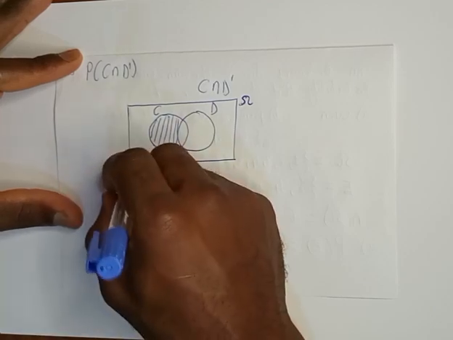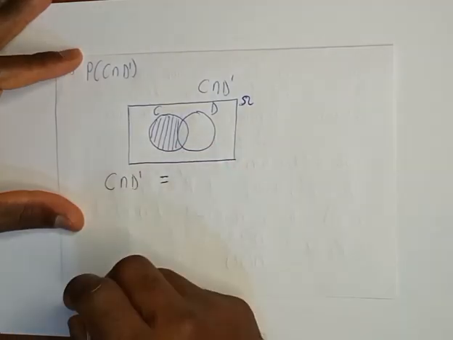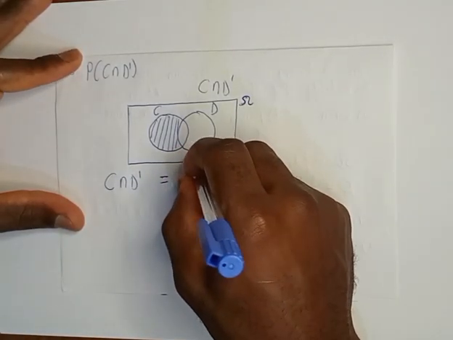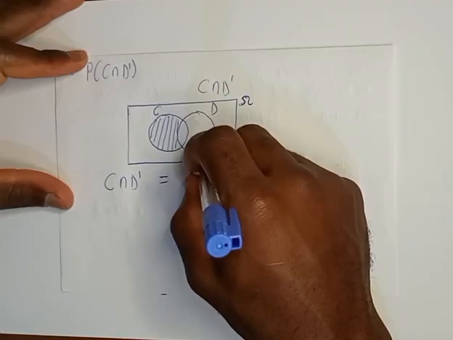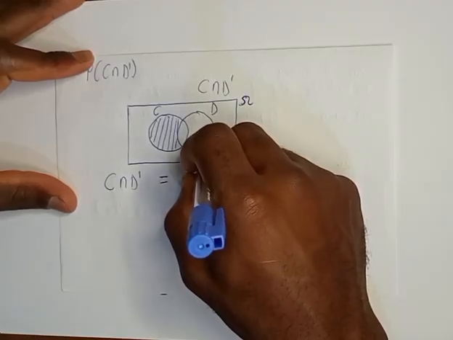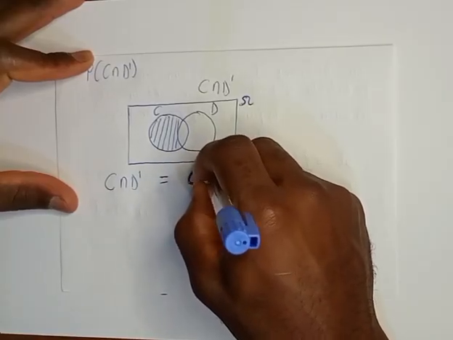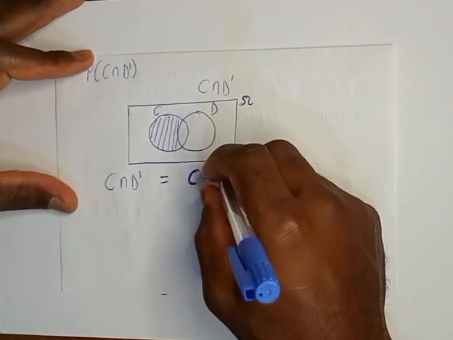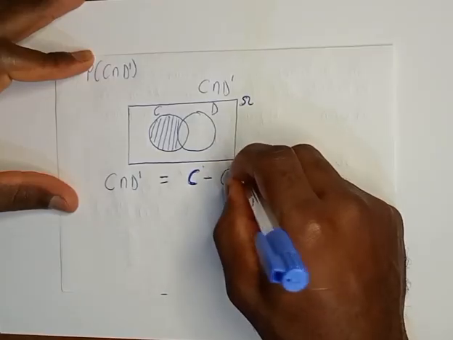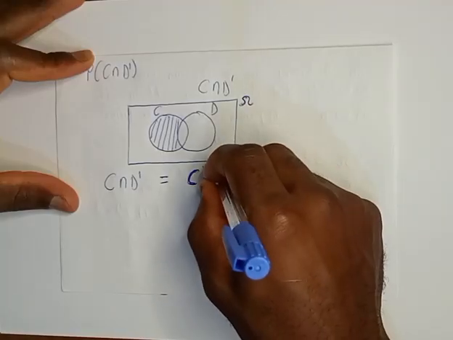C intersection D prime is simply equal to, take the set C, then you remove C intersection D, like this.